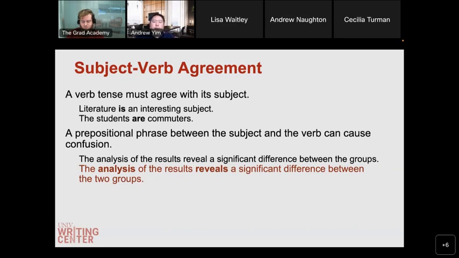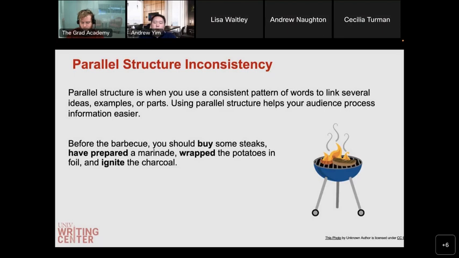A lot of people don't necessarily have a hard time with this, but if you feel like you're a person who really struggles with subject-verb agreement, the Writing Center can potentially help you. As you read through your document, we can help you figure out whether this word needs an S or doesn't need an S.